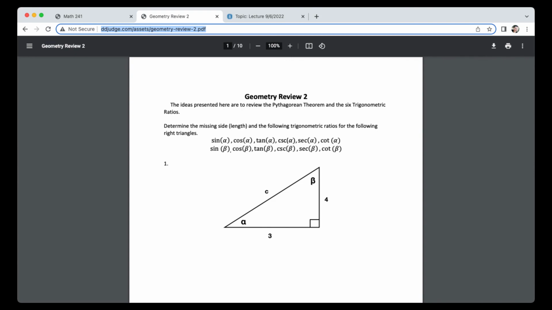Okay, I might have already assigned it to you. And where's the comments? There we go. So if I did, I want you guys to finish that. All right? You guys okay with that? And that's kind of a review of some geometry definitions that are going to be important for the class.